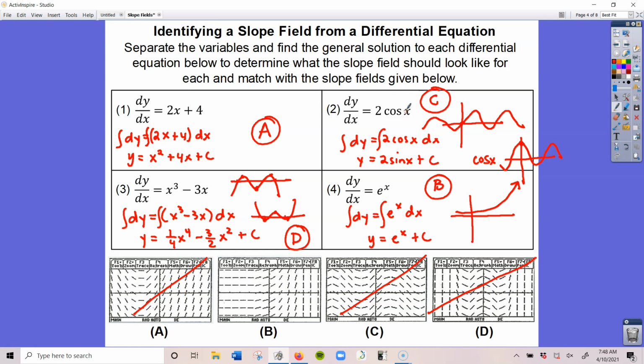This is cosine; when you integrate, you get sine plus c. This was originally a cubic function, so my solution would be a quartic function. So you can pick up on these tricks. However, if you do not feel confident in that, you can just integrate, find the solution, and figure out which graph matches.